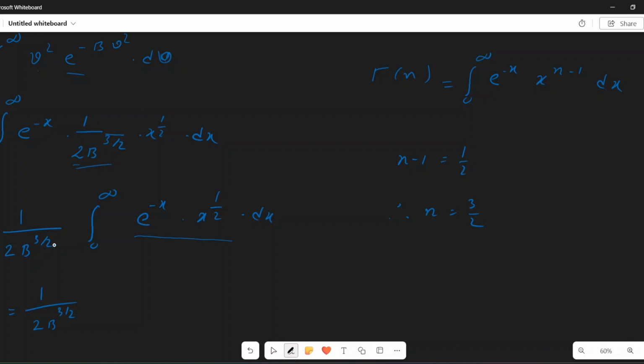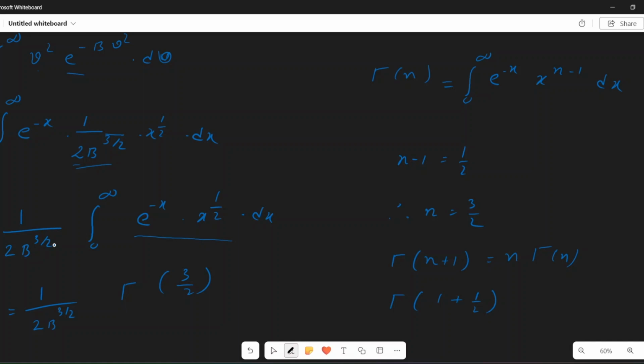So this equation is 1 by 2 b to the power 3 by 2 times the gamma function of 3 by 2. Another important relation for the gamma function is that gamma of n plus 1 can be written as n times gamma of n. Now 3 by 2 can be written as half plus 1, that is 1 plus half.